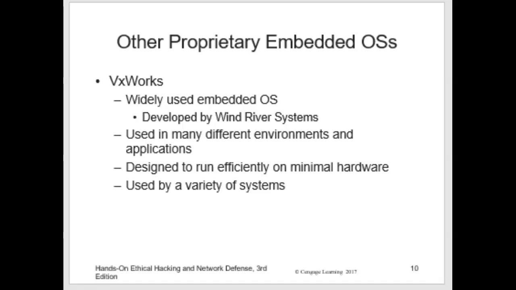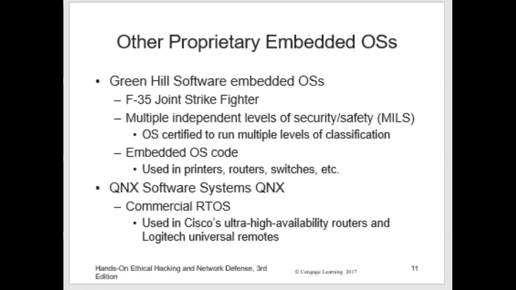There are other proprietary embedded systems out there. VxWorks is a widely used embedded OS developed by Wind River Systems and used in various environments, including spacecraft. VxWorks is also in space probes, telescopes, and Mars rovers, just to name a few.